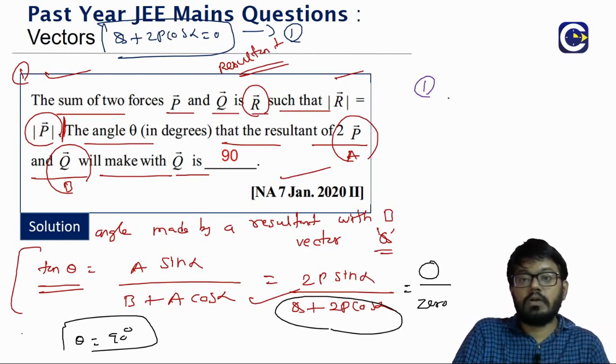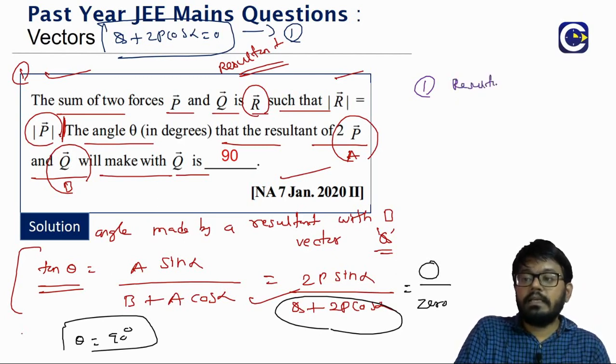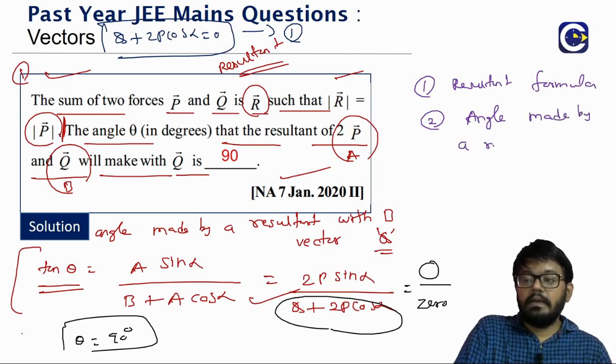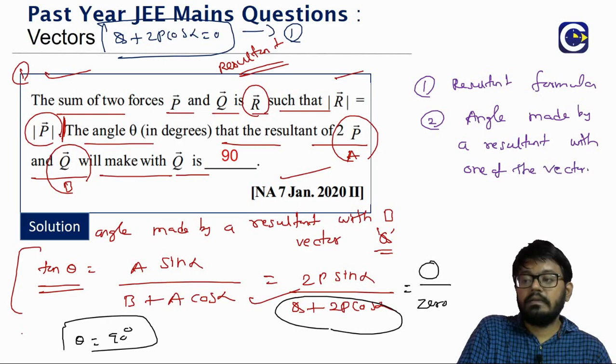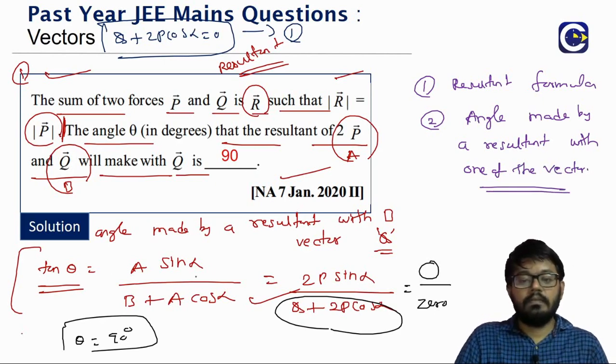In this question, the first concept is the resultant formula. The second concept is the angle made by a resultant with one of the vectors, this formula.